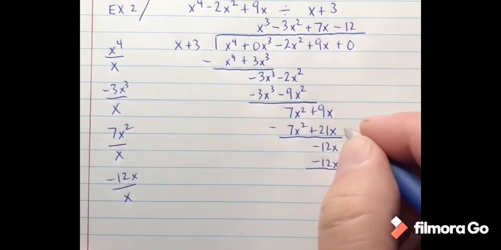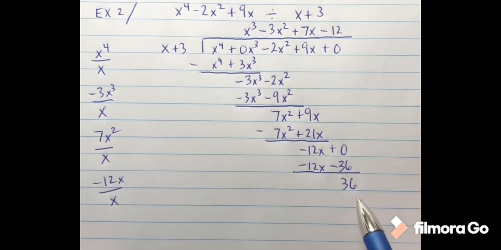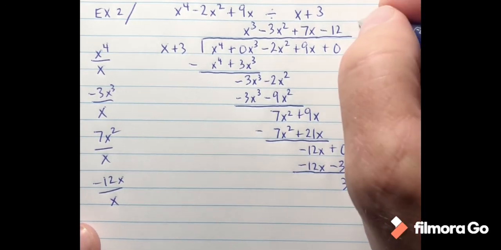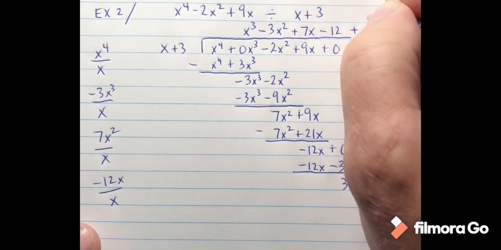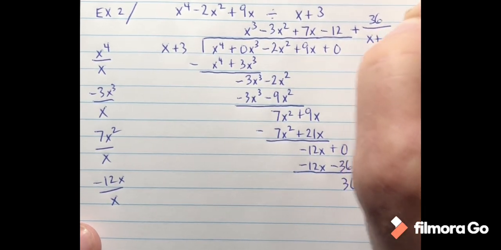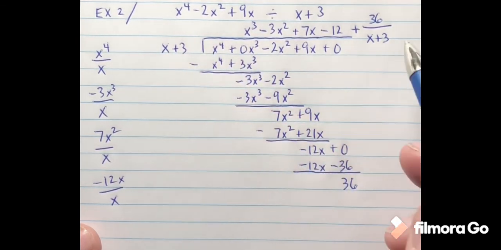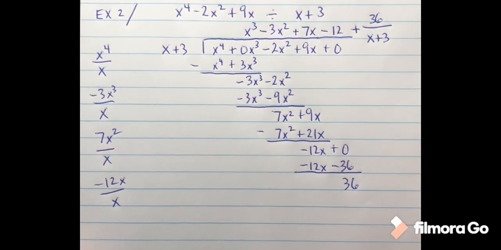Again, when I subtract, it changes the sign, so I just am left with 36. Well, this 36 here is going to be my remainder, so I'm going to write this out to the side, plus 36 over x plus 3, which is what I'm dividing by, and that goes on the denominator of the remainder.